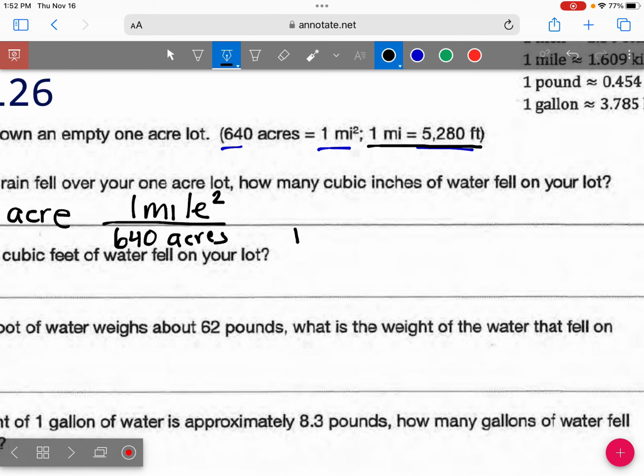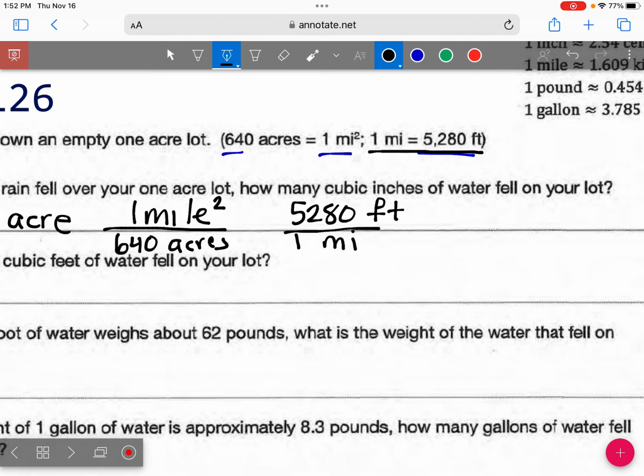I know that 1 mile equals 5,280 feet. But I don't want just miles. I have square miles over here. If I need miles squared, if I square both of them, then we're into miles squared. 1 squared, miles squared. 5,280 squared, feet squared.